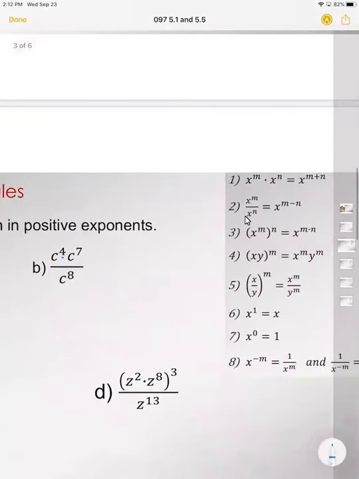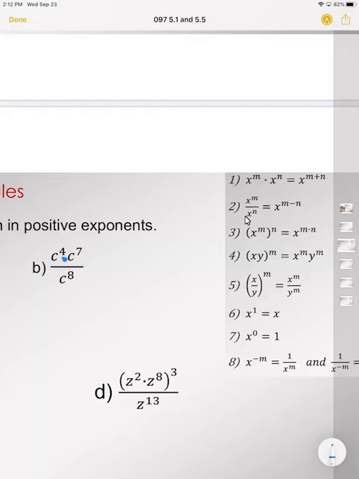So if you look at B, you can see that there are 2 rules here, right? We have a product rule in the numerator, and we have a division, which is a quotient rule. It doesn't matter which rule you apply first, but for me, if there is something on the same numerator or the same denominator, I want to get rid of those items first.